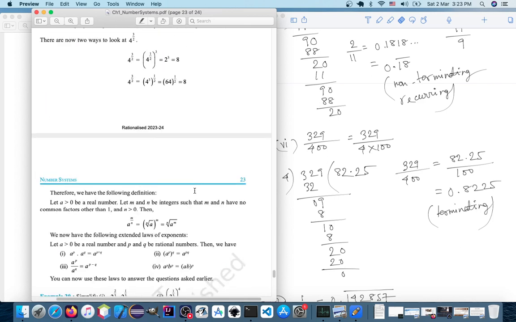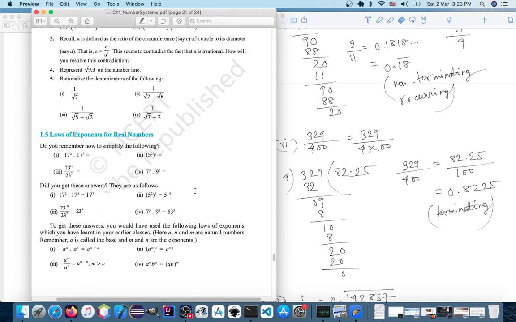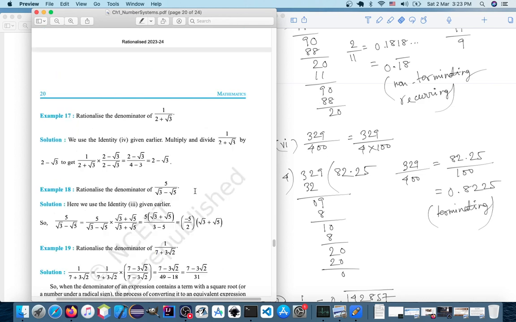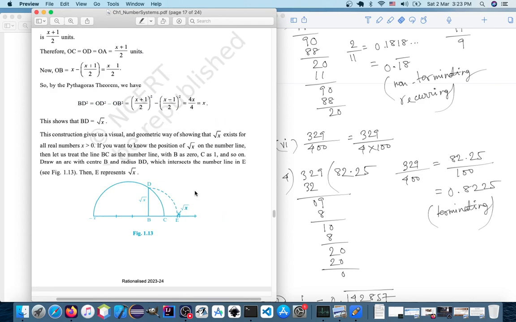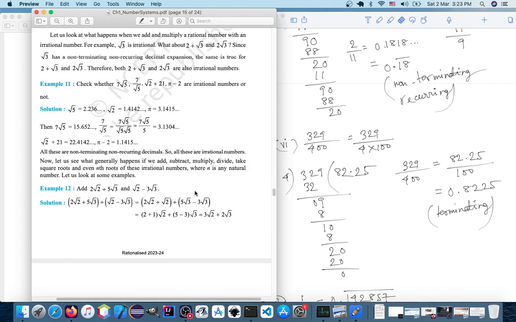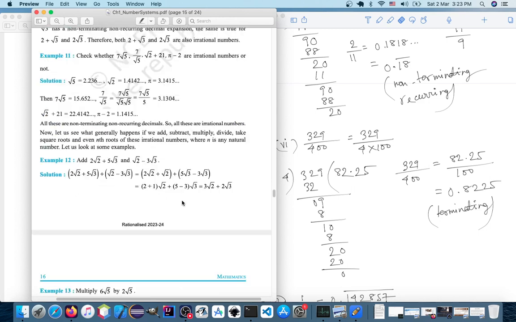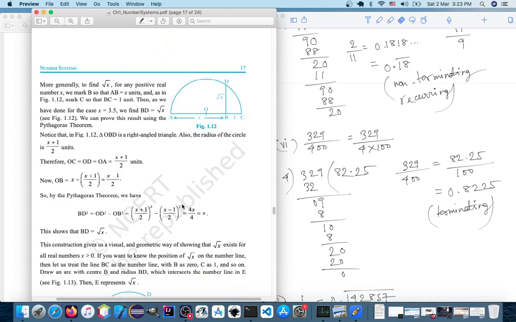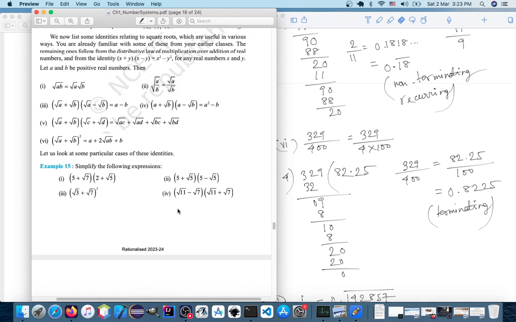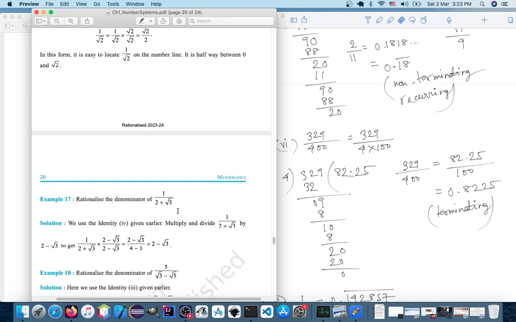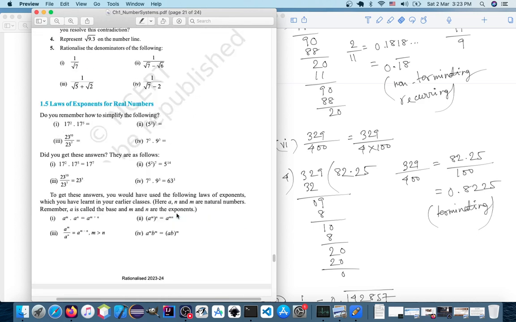So we will have another 2 lectures remaining for completing this chapter. The next lecture, lecture number 4, will be on operations on real numbers, which is section number 1.4, and then lecture number 5, the last lecture, we will study the laws of exponents for real numbers, which is section number 1.5, and then we will do exemplar problems.